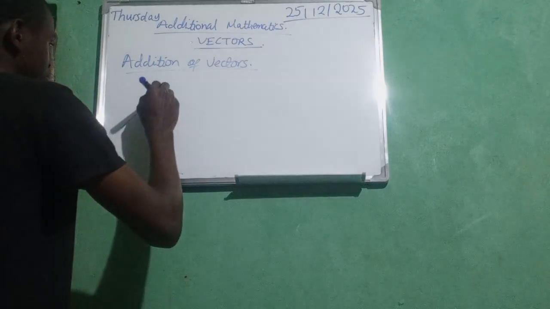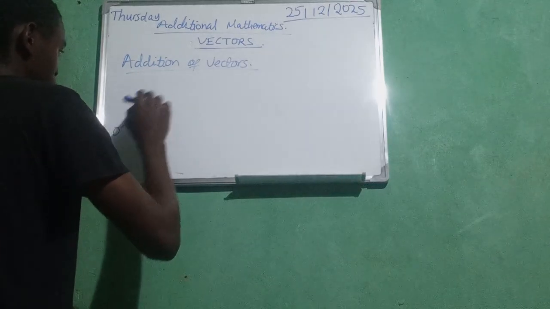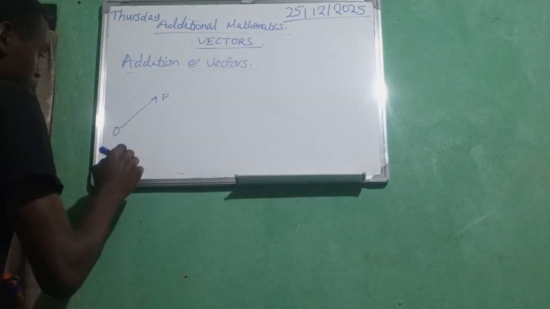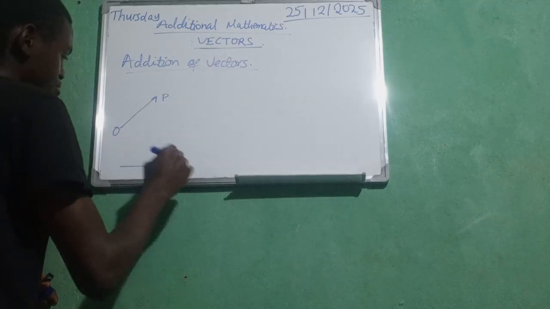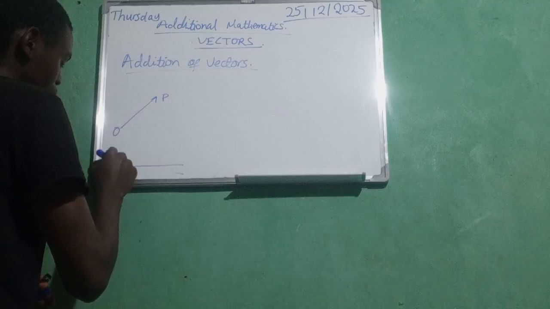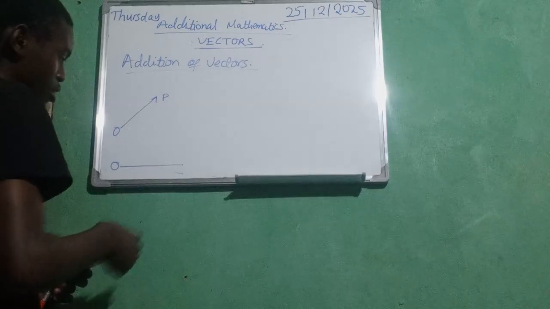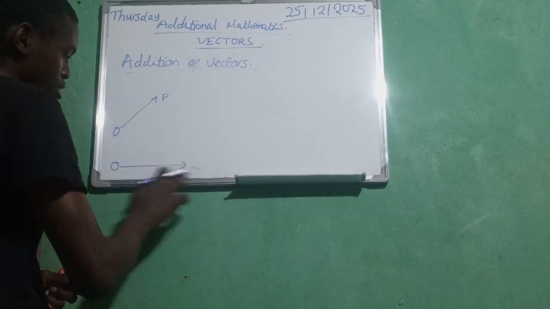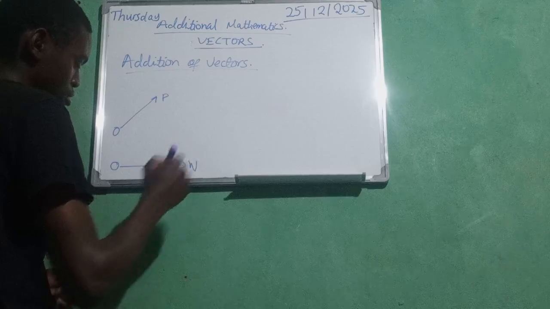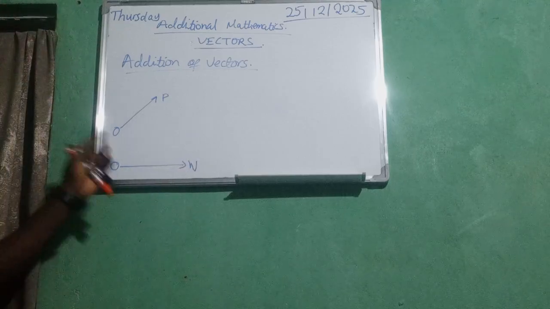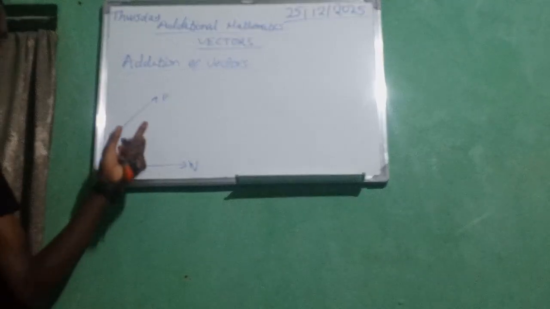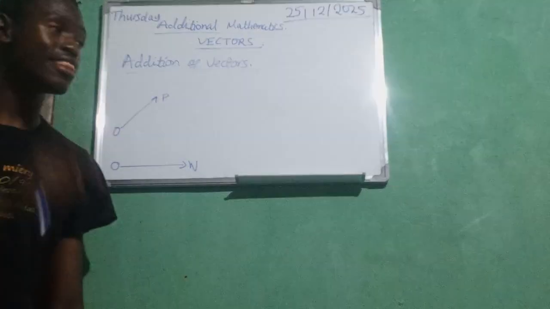But if you have a position vector OP, and then we have another vector OW. So OP and OW. These are two different vectors, and then they tell you to add them.